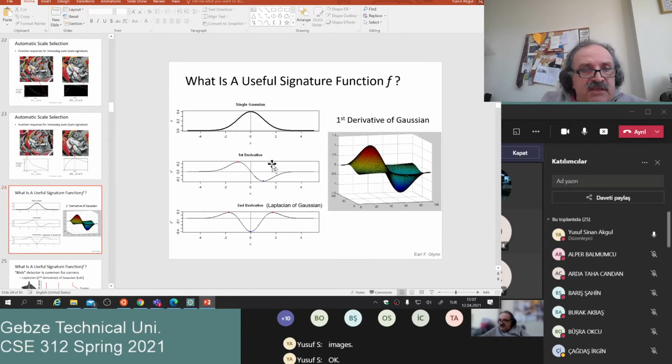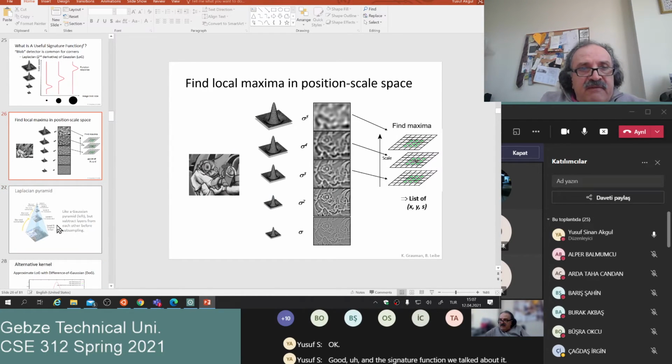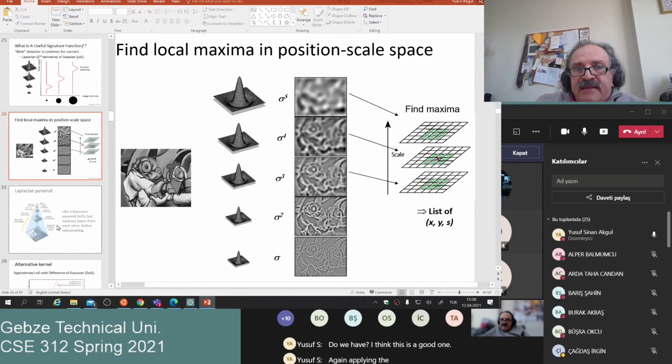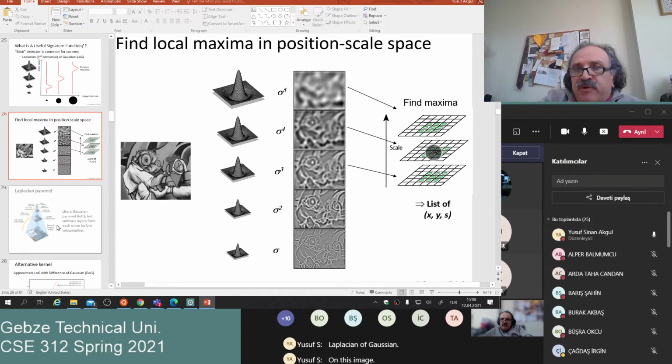And the signature function, we talked about it. Do we? Well, I think this is a good one. Again, applying the Laplacian of Gaussian on this image, and this is the maximal point. Some details get lost, some details are becoming more pronounced.